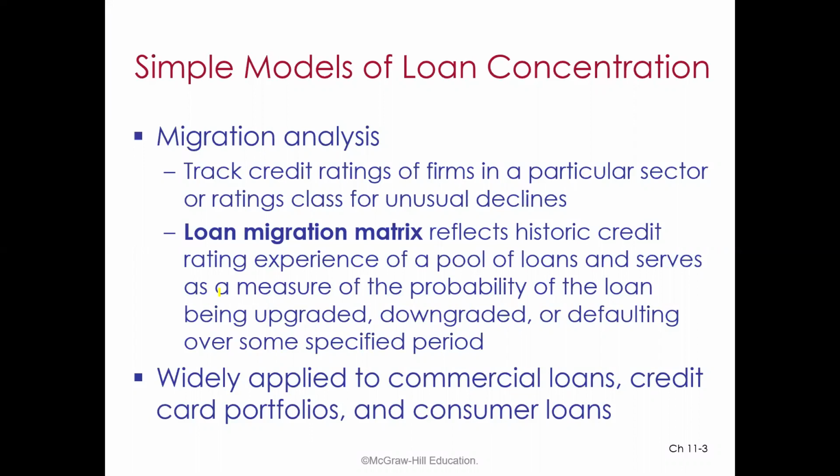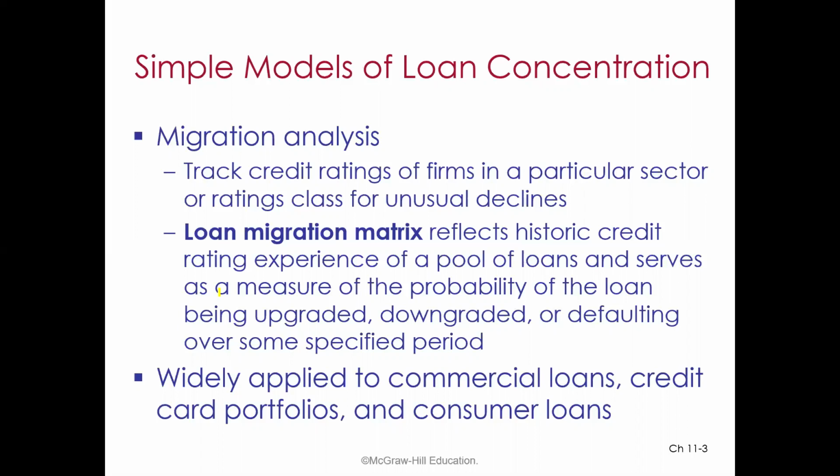In migration analysis, lending officers track Standard & Poor's, Moody's, Fitch ratings, or their own internal credit ratings of certain pools of loans or certain sectors, such as real estate loans. If the credit ratings of a number of firms in a sector or rating class decline faster than has been historically experienced, financial institutions will curtail lending to that sector or that class.